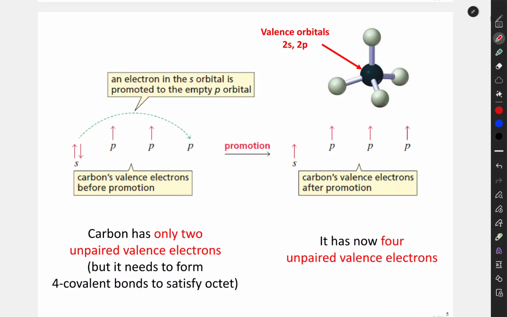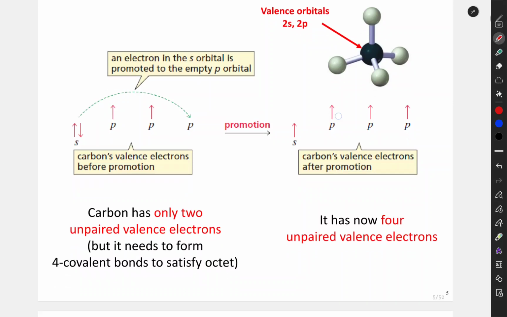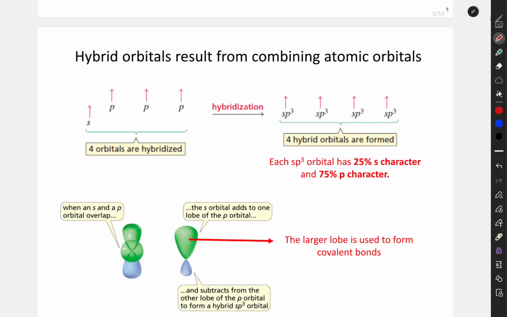So you have 4 orbitals, the s and 3 p orbitals, and after hybridization they all become equivalent. Each of them becomes an sp3 orbital, so 4 hybrid orbitals are formed after the hybridization process. Hybrid orbitals basically result from combining the constituent atomic orbitals, in this case the s and p orbital sets.